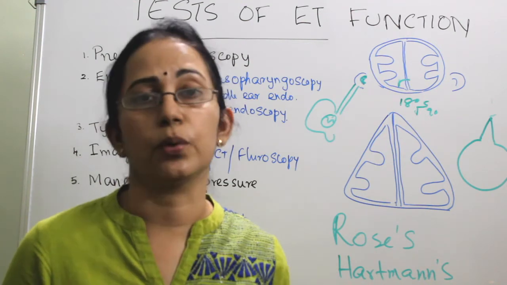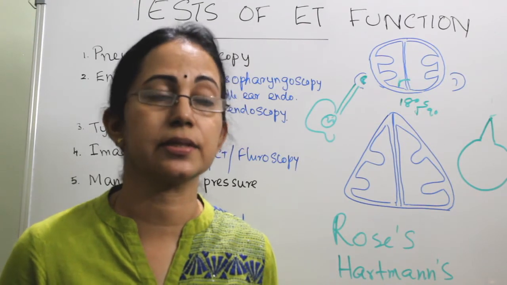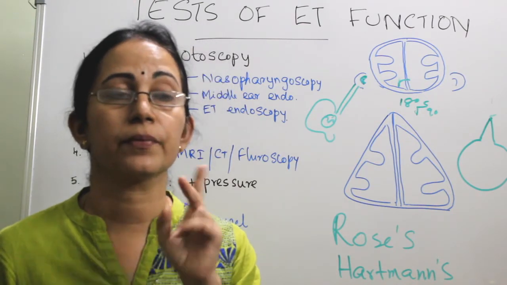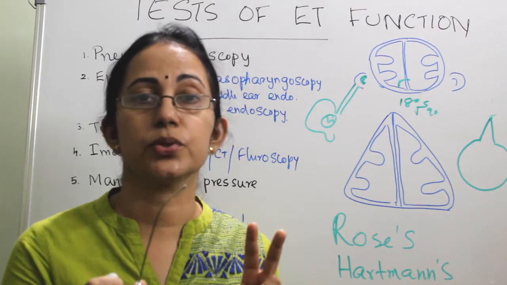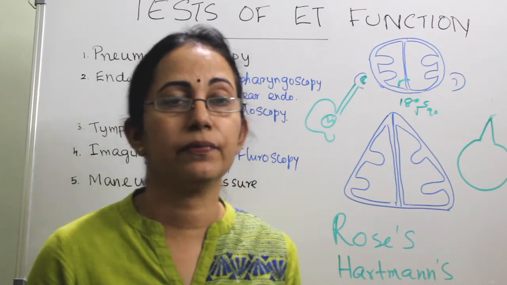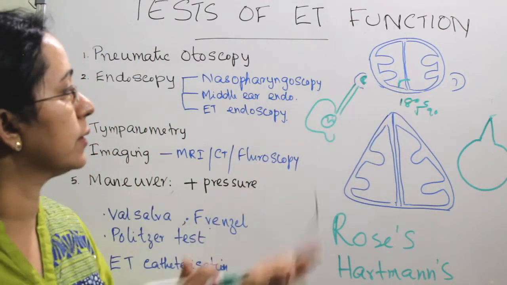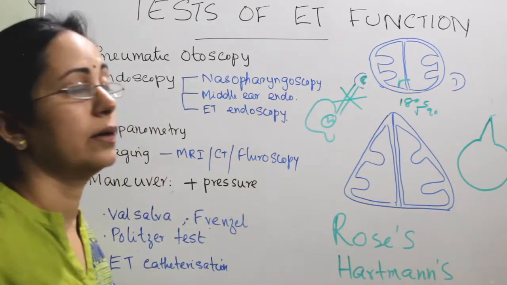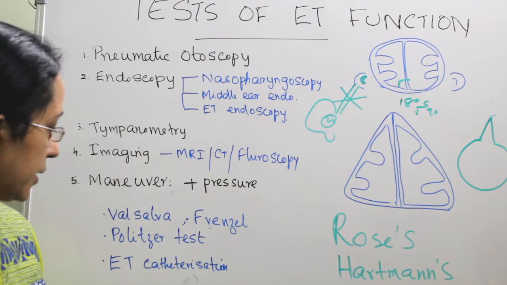And if no sound is heard on performing this Eustachian tube catheterization, that means two inferences. One, there is Eustachian tube block, or two, the procedure is not correct. It has not reached correctly into the Eustachian tubal area, or the Eustachian tube is not functioning properly. So that is Eustachian tube catheterization.